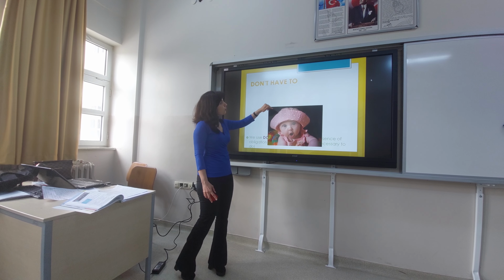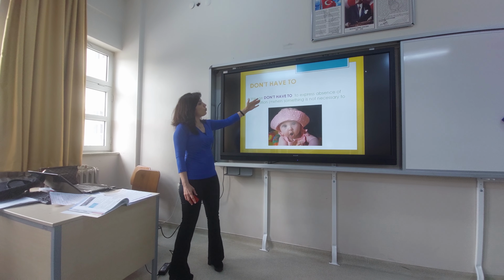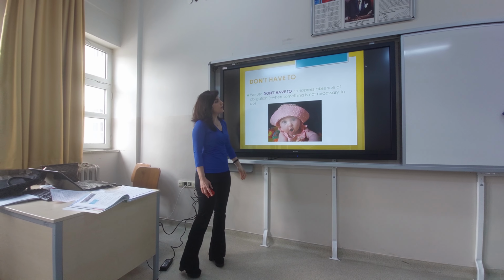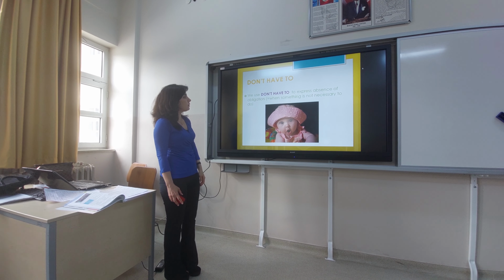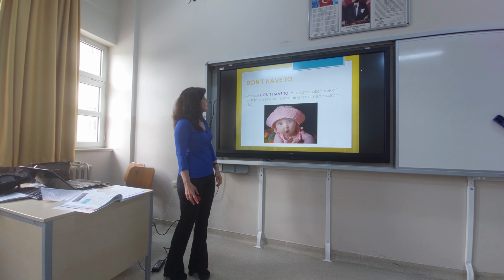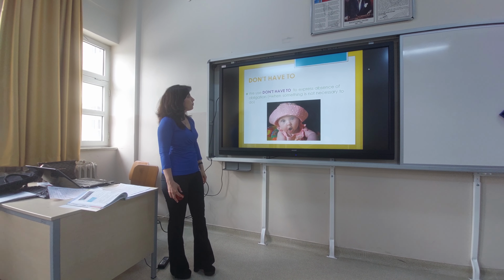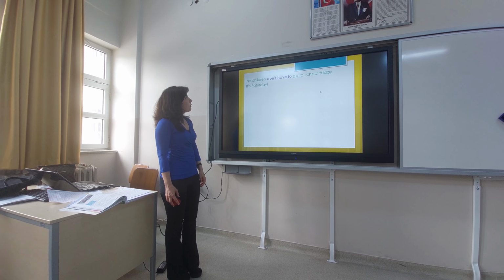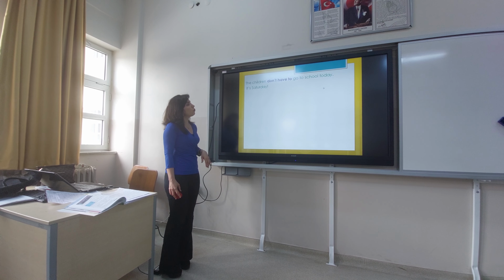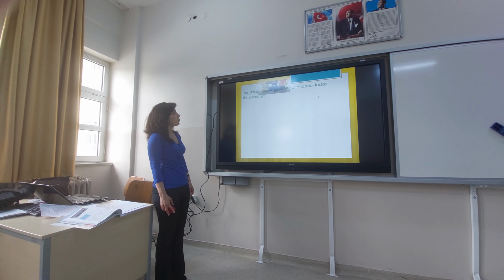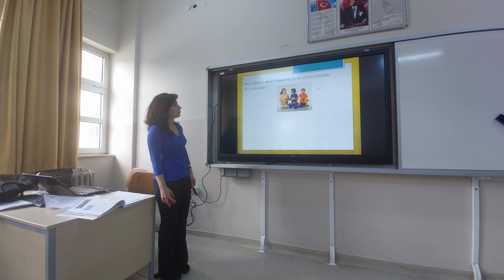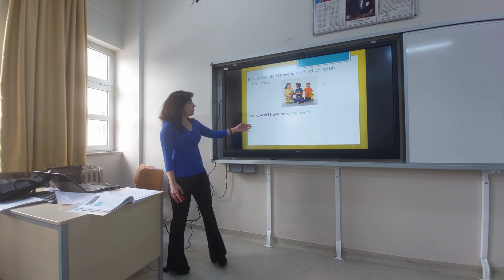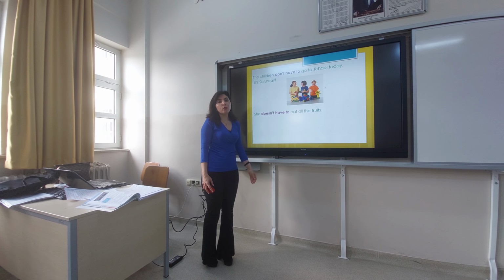Don't have to. We use don't have to to express absence of obligation, when something is not necessary to do. The children don't have to go to school today. It is Saturday. She doesn't have to eat all the fruits.